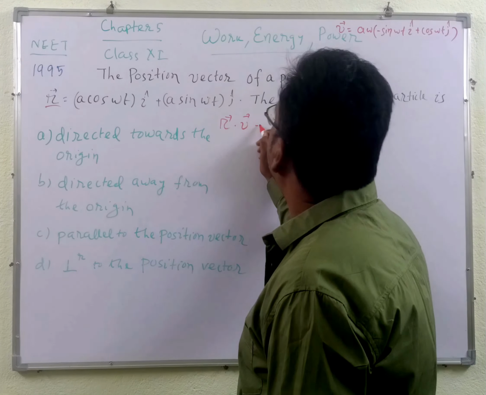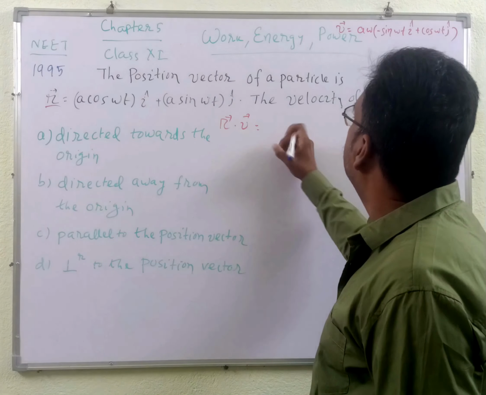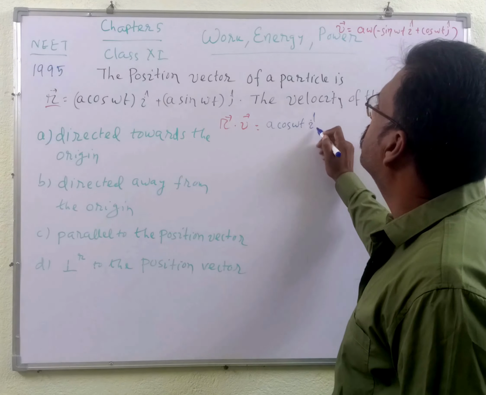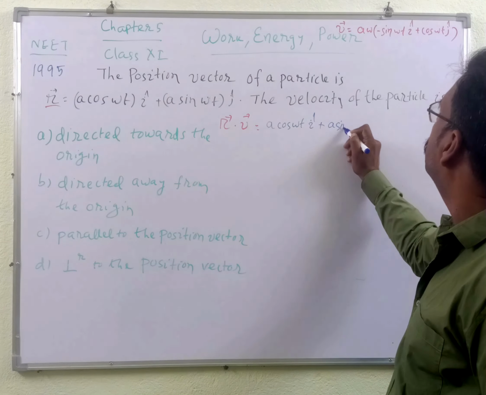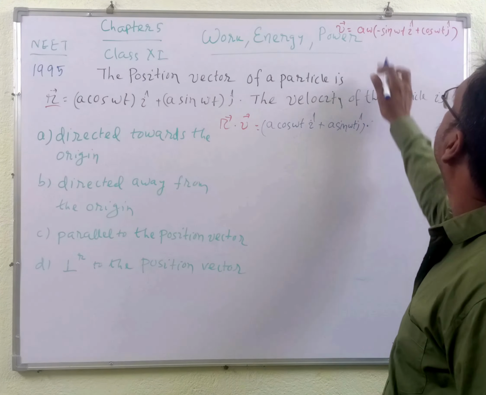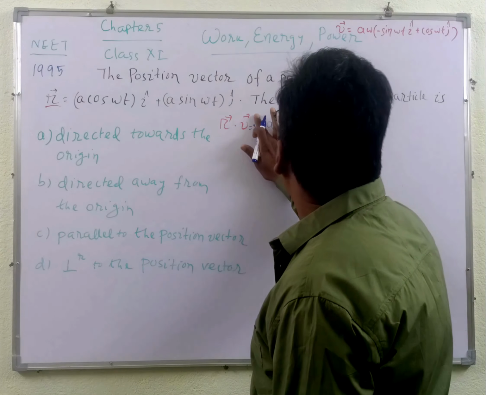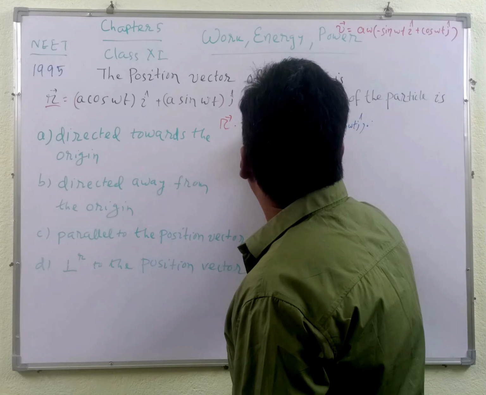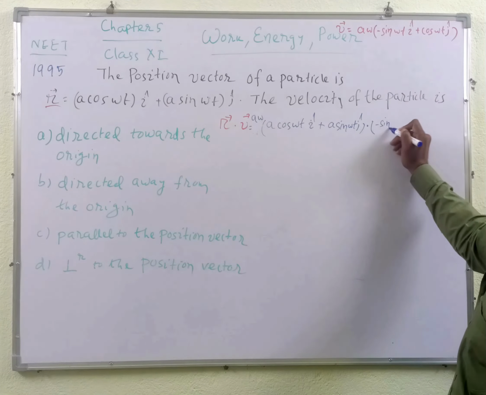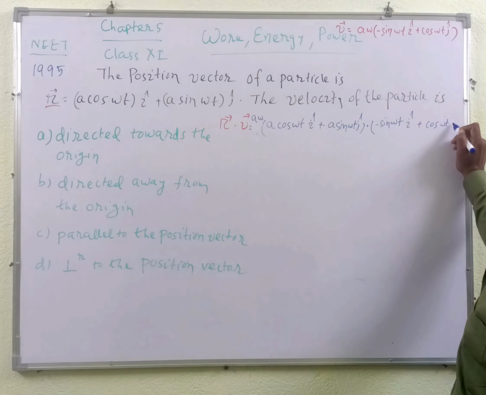We take the value of r here, a cos omega t i cap plus a sin omega t j cap dot this, a omega, we may take here in the beginning, and this term comes here, minus sin omega t i cap plus cos omega t j cap.